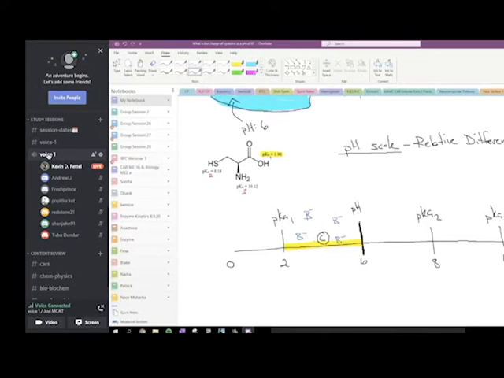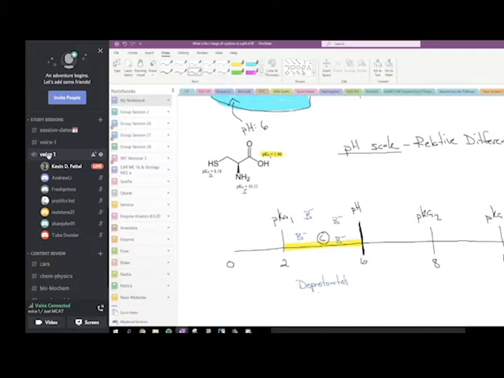They're negatively charged, so they want a proton, which is typically positively charged, to become neutral and stable. And so what's going to happen here is that this group, pKa 1 on this cysteine, experiences relatively a basic environment surrounding it, because the pH is more basic. It's shifted to the right of the 2, which is more basic. 6 is more basic than 2. And so it's going to become deprotonated.